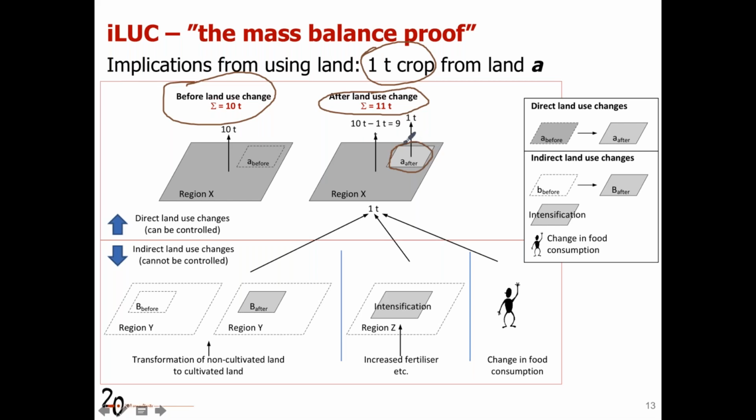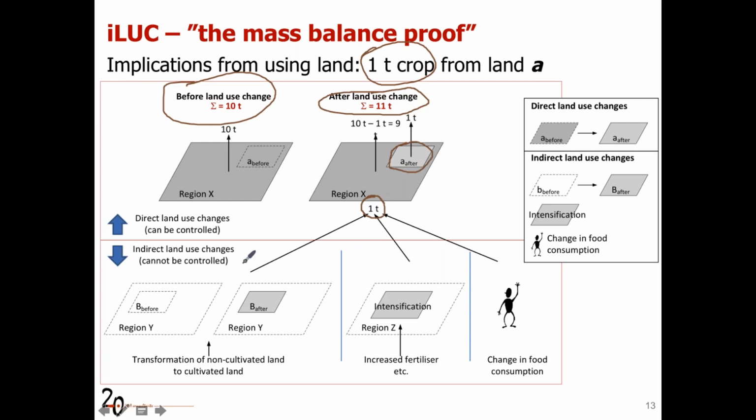And since this area A was producing crops before, we will not have these crops now. So these missing 1 ton of other crops we are seeing here at the bottom have to be compensated in another way.